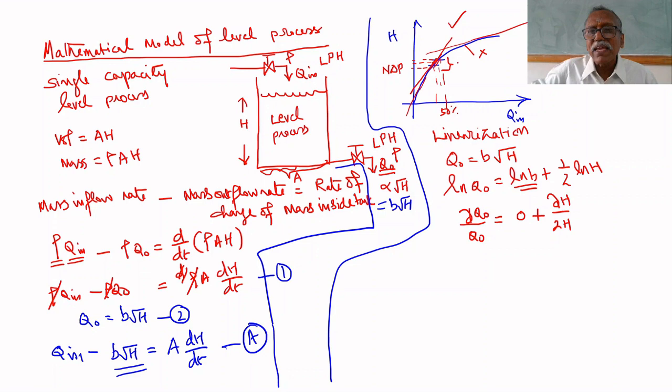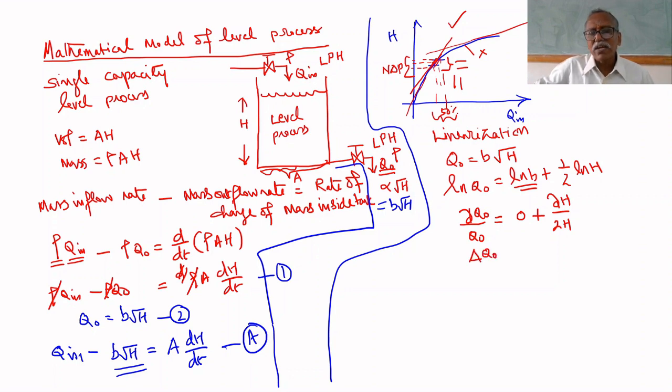This much change I am taking for H, and this much change I am taking for Q. That is called small change. This dou Q naught is an infinitesimal change, we cannot see it with the naked eye. But this is also true for small changes, we are assuming, and that is the approximation.